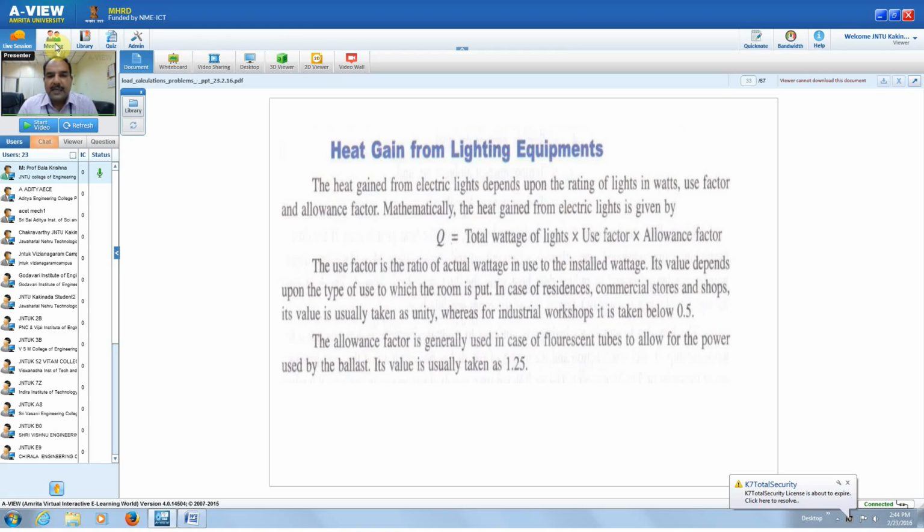The allowance factor is generally used in case of fluorescent tubes to allow for power used by the ballast. Its value is usually taken as 1.2, because a fluorescent light will give more heat compared to an ordinary light. Whereas for the fluorescent light, this value may be 1.25. It is a higher value.